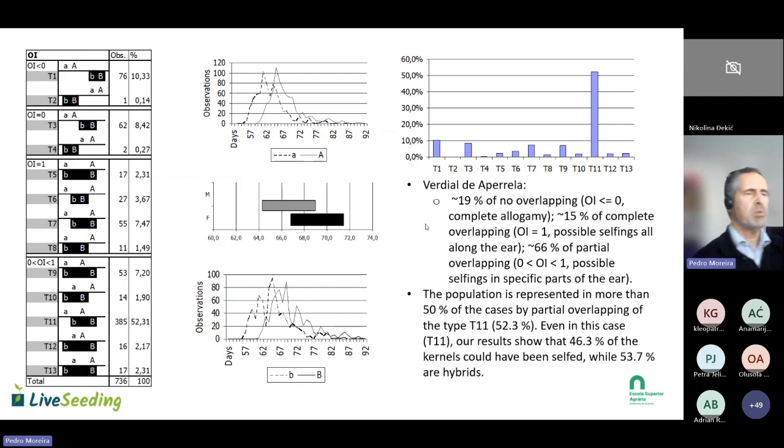So what we conclude about this population: 90% of overlapping was less than 0, so it means complete allogamy. 15% of complete overlapping, possible selfing all along the year. 66% of partial overlapping, possible selfings in specific parts of the year.